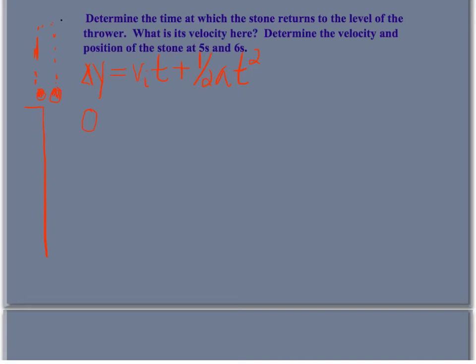So in terms of its height above ground, it has not changed its height above ground at all. The initial velocity is still 20. We want to find out when it gets there, and again, half of negative 9.8 is a negative 4.9 t squared. Now when you solve for this, you can pull a t out, and you're left with the 20 minus 4.9 t.